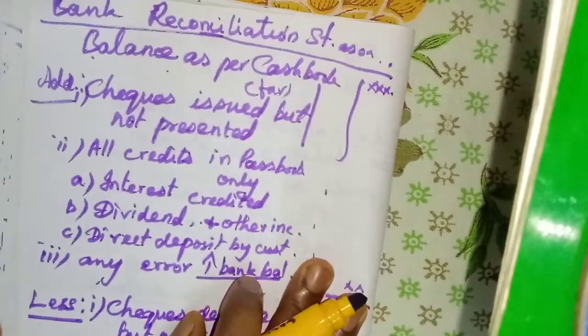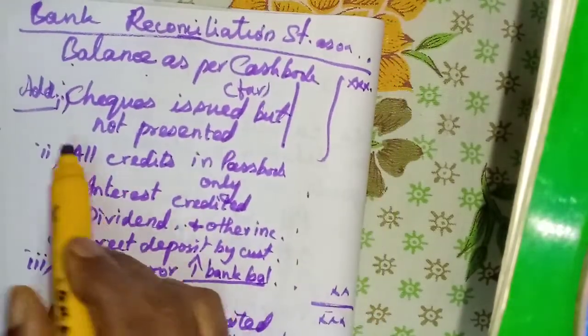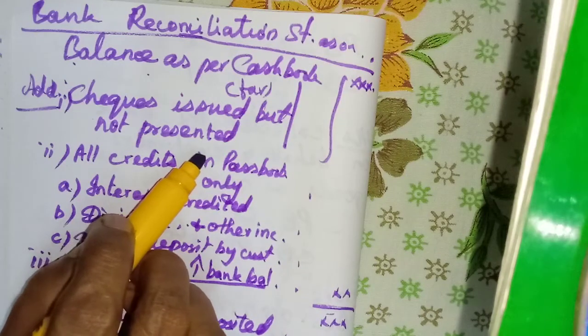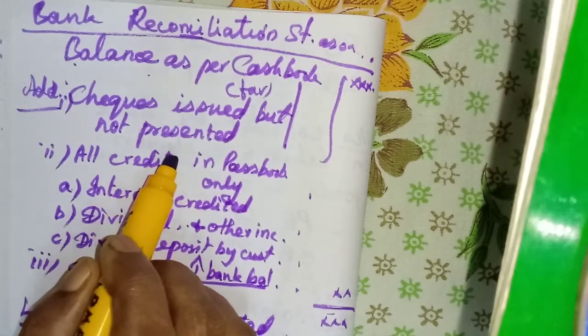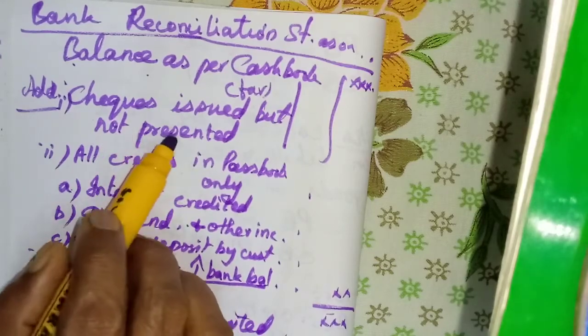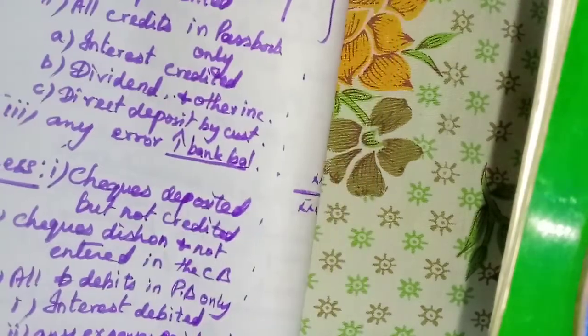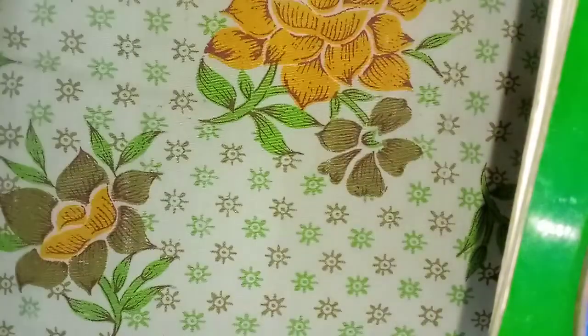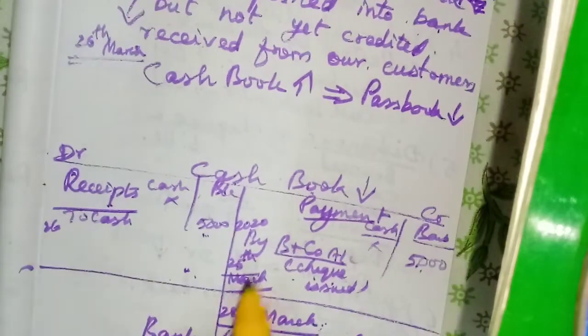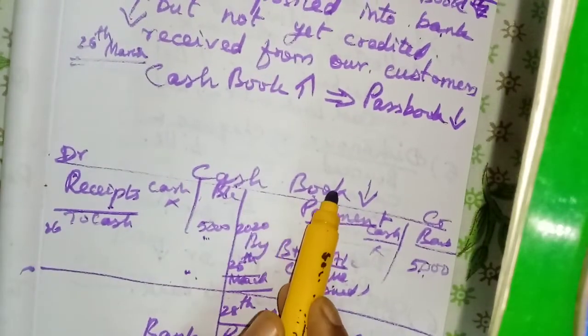Now you see, I will explain this one. Why we are adding this one: check issued but not presented for payment. When we issue checks, where will we enter? I have taught you already, isn't it? Cash book balance given.